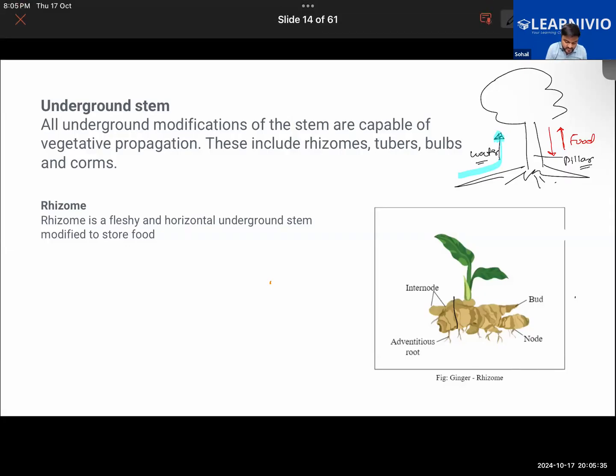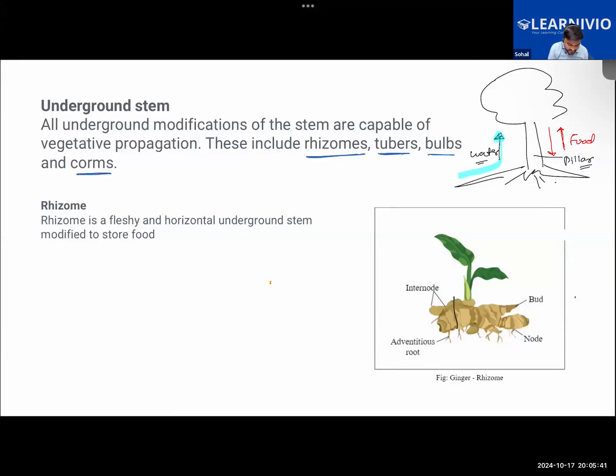Namely, they are rhizomes, tubers, bulbs, and corms. What are they? Read this. Rhizomes, tubers, bulbs, and corms. Okay. First of all, we are learning about the rhizomes.